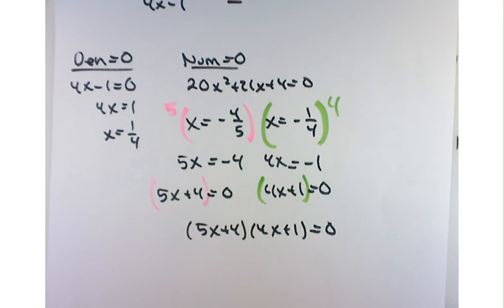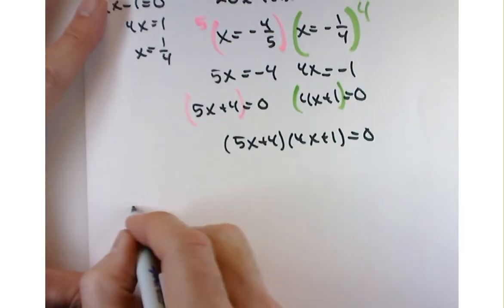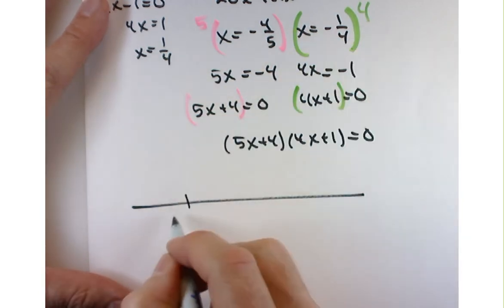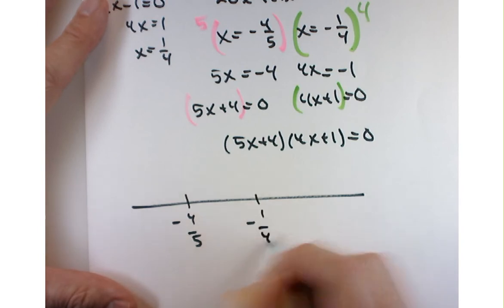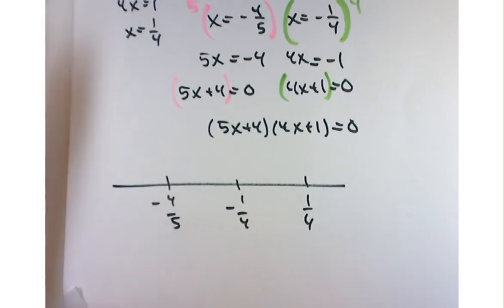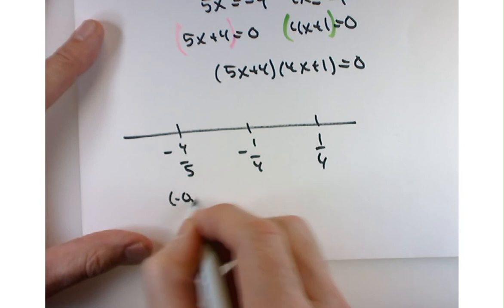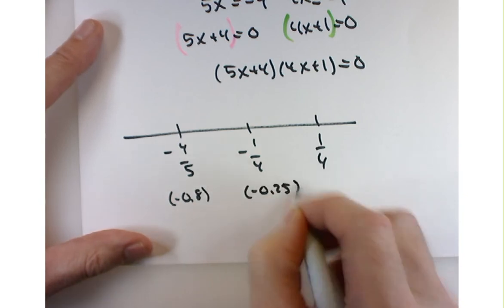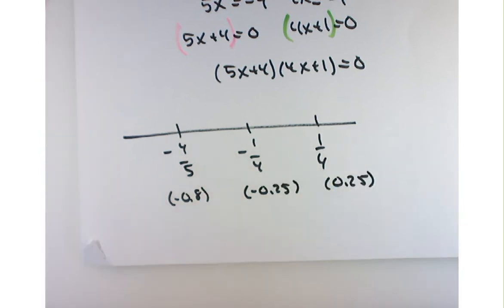In any case, let's keep track of all the things we've got here. We've got roots at -4/5, -1/4, and +1/4. I need to find test points in each of these intervals. Now it's helpful that Desmos showed us that that was -0.8 and -0.25, etc. And this is of course 0.25 because I need test points in these intervals.